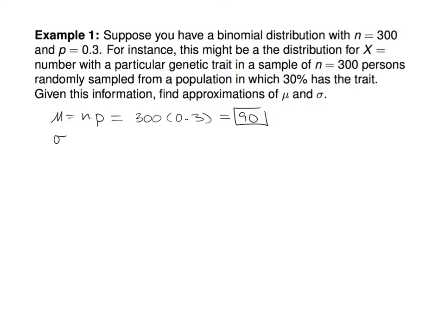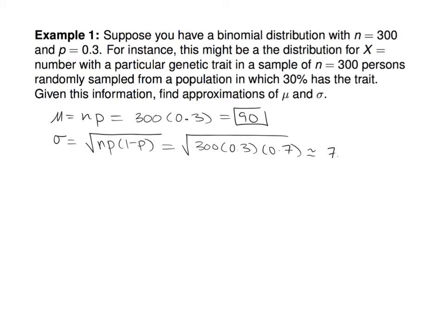And sigma tells us how much variability we're going to see in our samples of 300. That's root NP times 1 minus P, which is root 300 times 0.3 times 0.7, and comes out to be approximately 7.937.